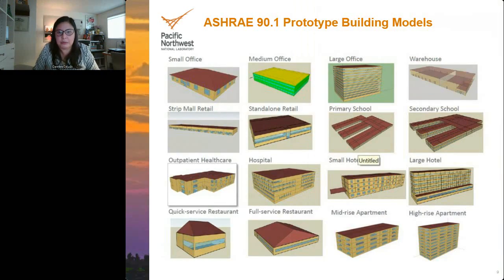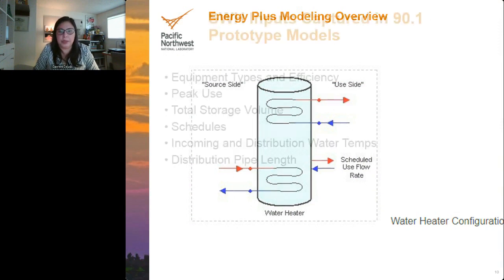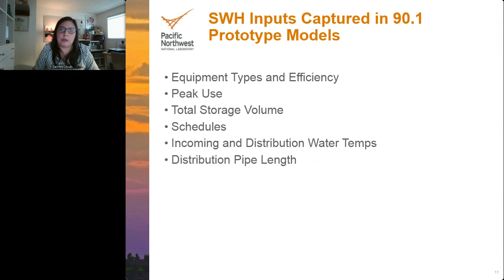So as I was mentioning, we use EnergyPlus, and there is a feature within it that has hot water modeling as part of it. So the inputs that we include in those prototypes are the types of equipment, whether it's gas or electric. We're also looking into heat pumps and more current versions. Peak use. So Jim had mentioned, it's really up to people.